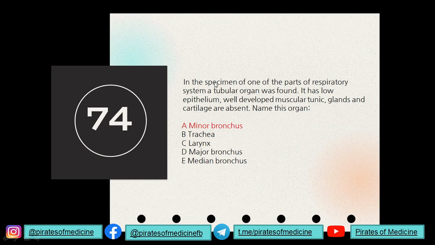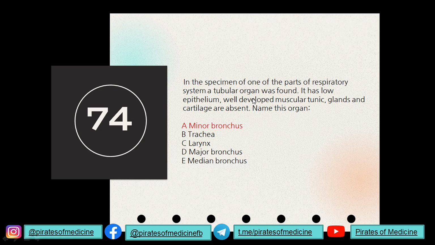So in the specimen of one of the parts of the respiratory system, a tubular organ was found. It has low epithelium, a well-developed muscular tunic, and glands and cartilage are absent. So remember, in the respiratory system, as you move towards the lowest part of the bronchial tree, the minor bronchus and the alveoli, the muscular tunic will be well developed and the amount of cartilage and glands will decrease, because the main function of the minor bronchus is bronchospasm or bronchodilation.